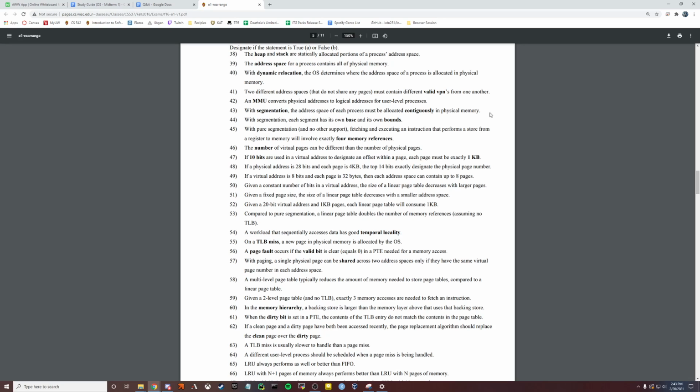Each segment does not have to be allocated contiguously itself, but I don't know. The whole process's address space doesn't have to be contiguous, but a segment itself can be contiguous. That address space can be across several segments. Good catch. So this is false.